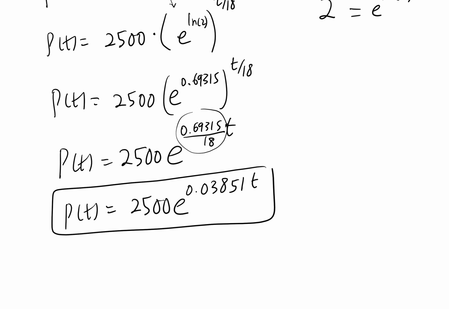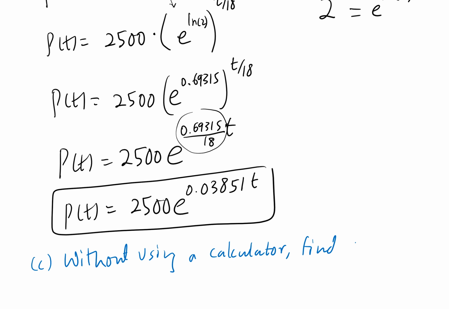One last part on this, without using the calculator. Find the bighorn's population after 36 years.